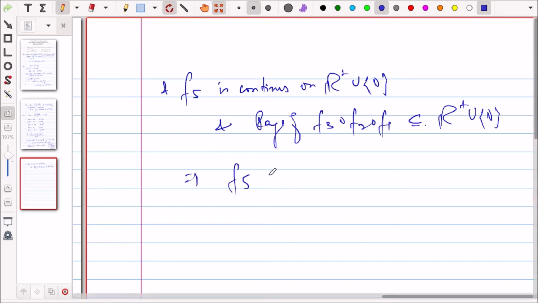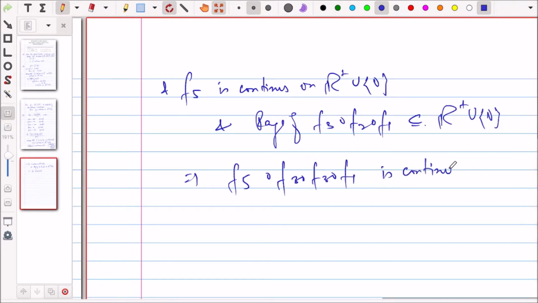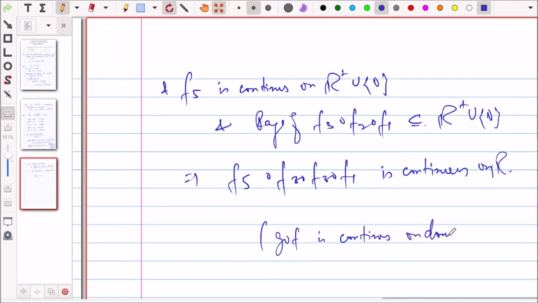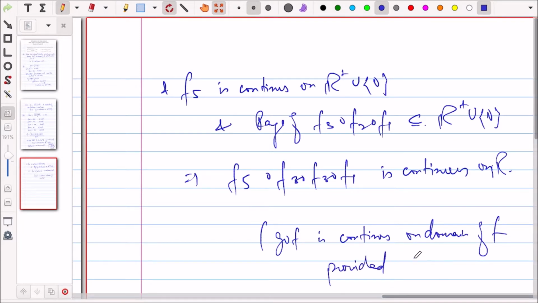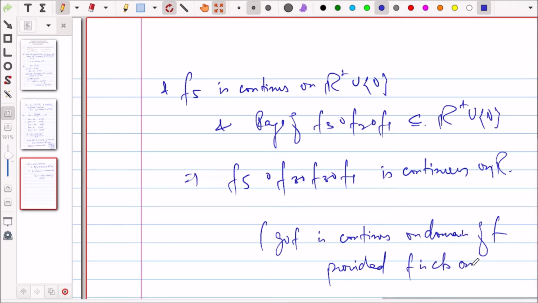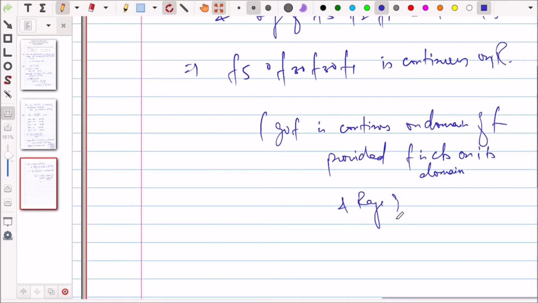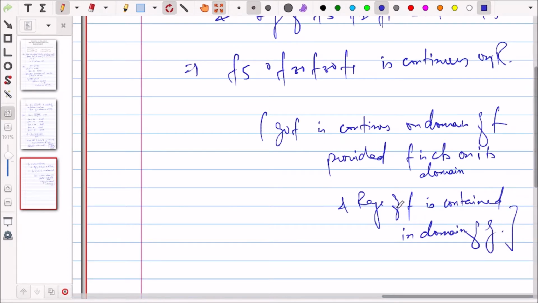So this implies f5 of f3 of f2 of f1 is continuous on whole of R, because we know that g of f is continuous on the domain of f, provided f is continuous on its domain and the range of f is contained in the domain of g.